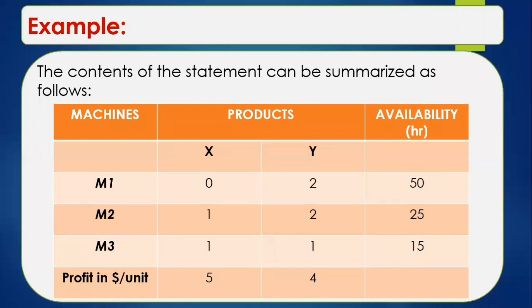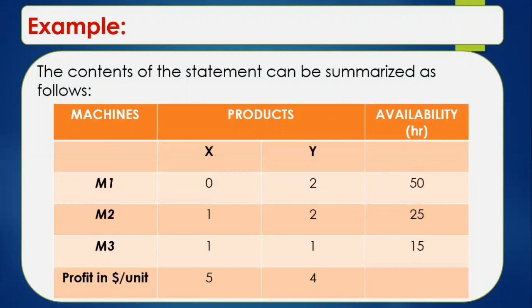So our first linear structural constraint would be 0x plus 2y less than or equal to 50 hours. Why did we use an inequality of less than or equal to 50 hours? Remember, the reason is because we are trying to maximize the profit. However, the condition is we should not exceed our capacity, and our capacity is 50 hours. So that is why we make use of the less than or equal to inequality.